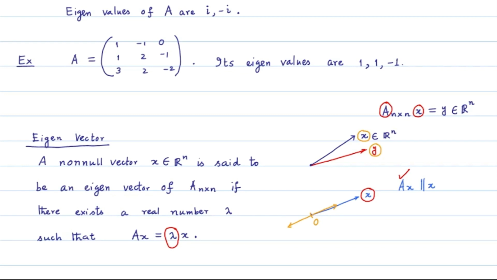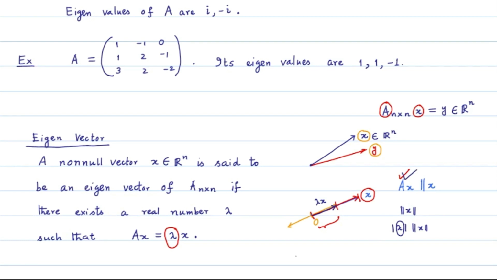Earlier the length of the vector was norm x, and after the action of capital A, the length of the vector becomes modulus lambda times norm x. So this lambda value can be thought of as a stretching factor by the action of the matrix capital A.